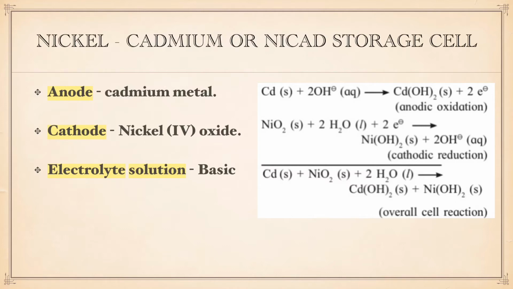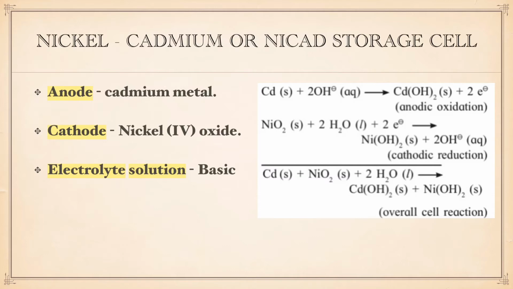Second, the reaction at the cathode. At the cathode, reduction will take place. In nickel oxide, nickel is in the +4 oxidation state. It reacts with water molecules and accepts 2 electrons to get reduced, and it becomes Ni(OH)2, nickel hydroxide.